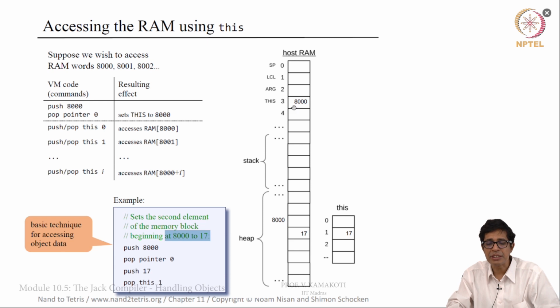So, 8000 goes and sits in this. Now, if I say push 17, 17 gets pushed on to the stack. Then I say pop this 1. So, this is 8000 plus 1, the index in that segment. So, in 8001, 17 will go and reside. This is how I can access any memory location I want.